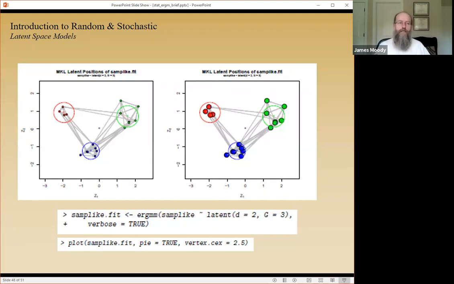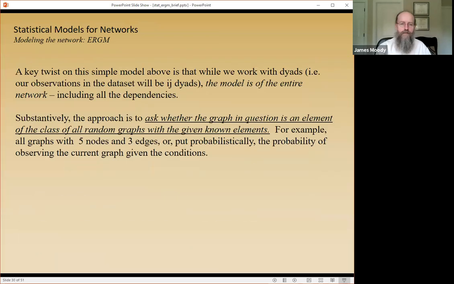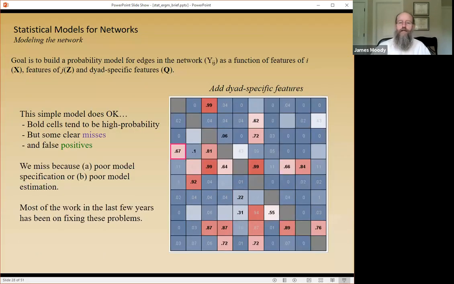But logically, it's nice to think that way, because we can think of each person as a sender, each person as a receiver, and we can then ask ourselves, is there some systematic characteristic of senders that means you're more likely to see a tie in their row as opposed to a different row?